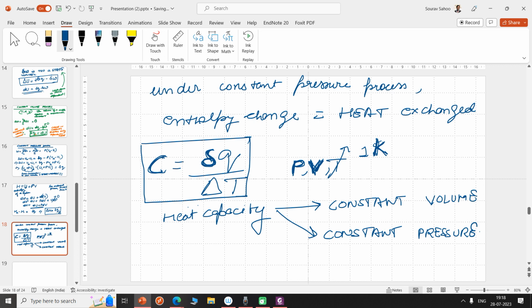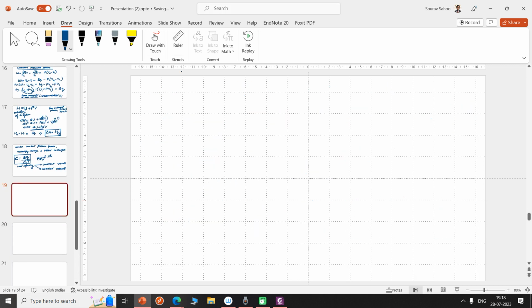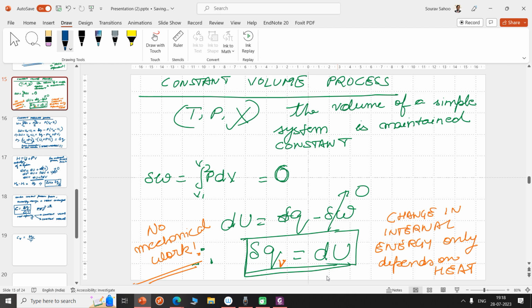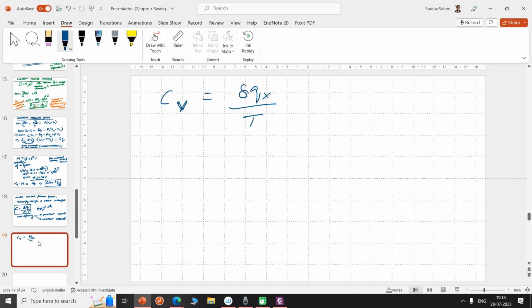Right. So if it is done at constant volume, what we'll have is C_V, where V denotes the constant volume, is delta Q_V by delta T, and from our calculations we have seen that at constant volume delta Q_V is nothing but dU, right? So this is dU by dT at constant volume.